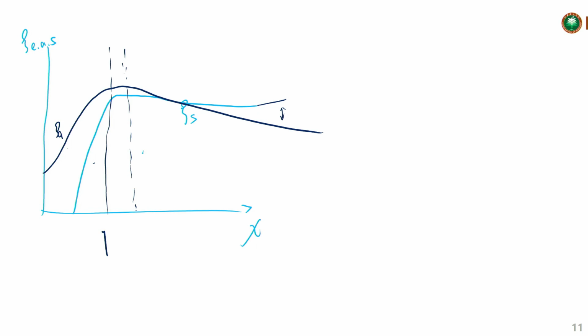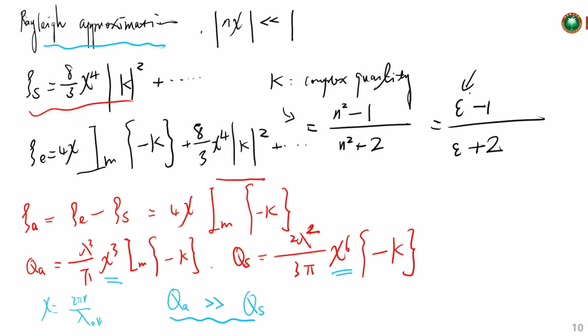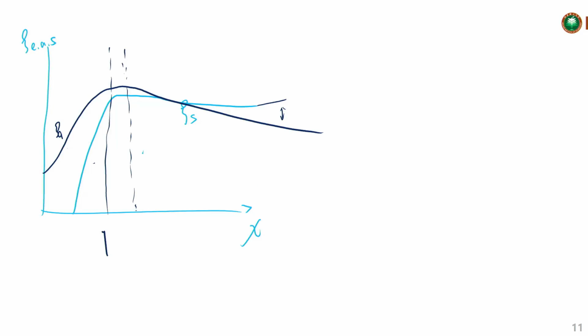So we have a condition that n times chi is much smaller than 1. Actually, here, the separation between them is at 1, alright?